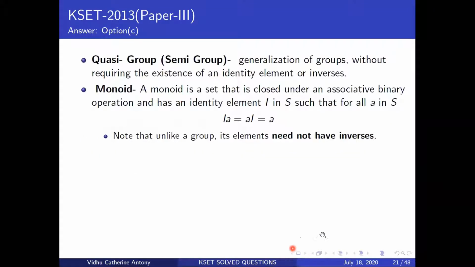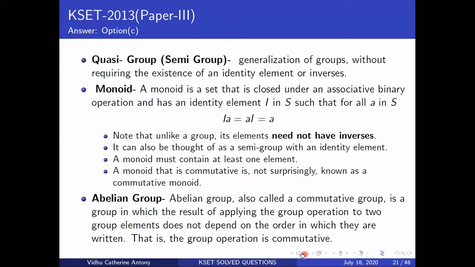Yeah, okay. So if you have a monoid, it's everything except it does not have an inverse. If you look at your quasi group, it does not require identity element or inverses. And if you look at your abelian group, it's also your commutative group.